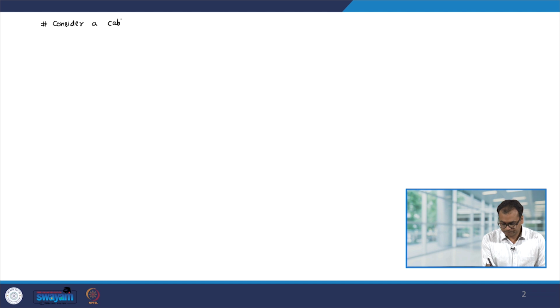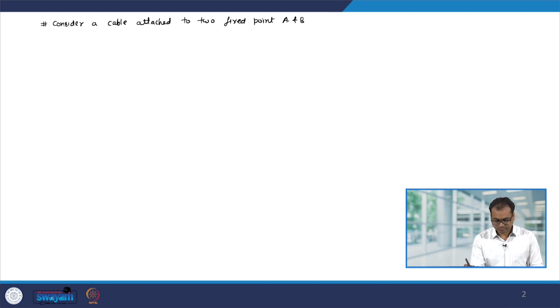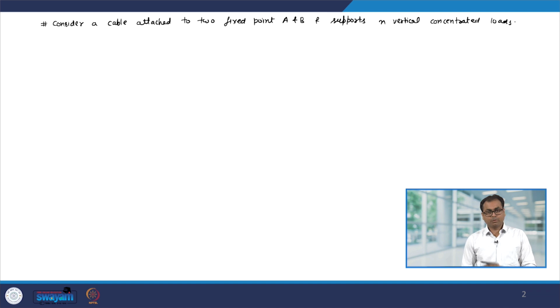a cable that is attached to, let us say, two fixed points, let us call them A and B, and this cable supports, let us say, n vertical concentrated loads. Okay. And as we assumed previously, this cable is flexible and its weight is negligible compared to the weight of the load.